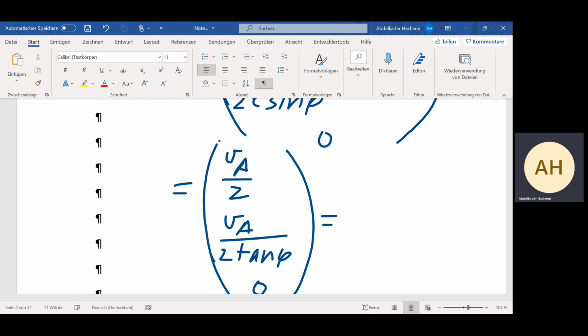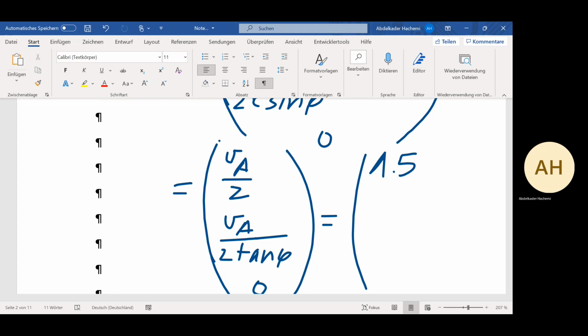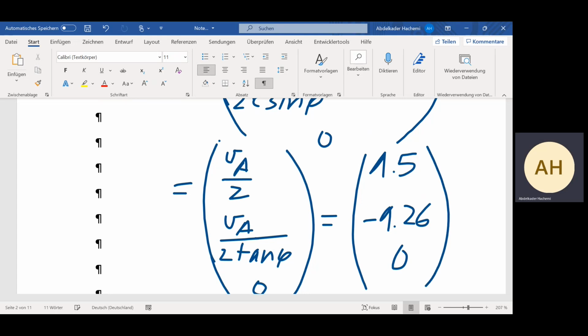And you will get here 1.5, minus 1.26 and 0 meter per second.